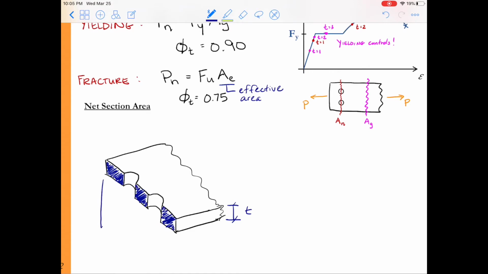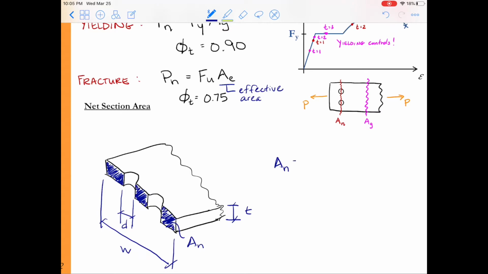This plate has a thickness of T. It has a width of W. We have some diameter D. I think we're ready to make an expression. So I want to come up with an expression for that area in blue, or what we call the net section area.